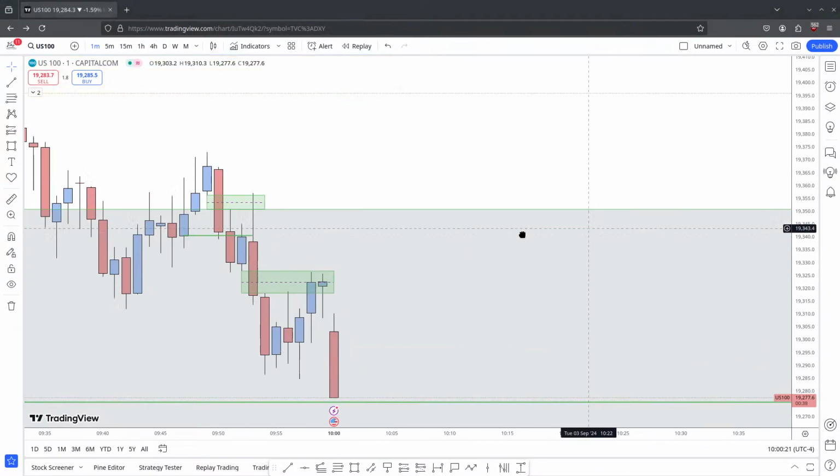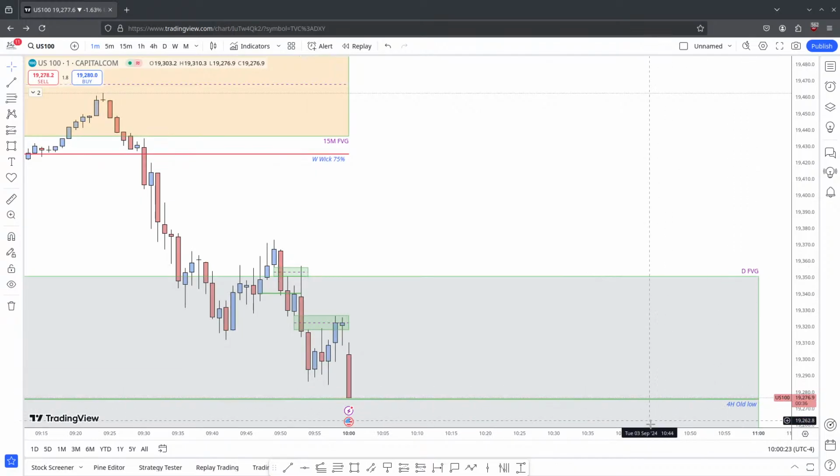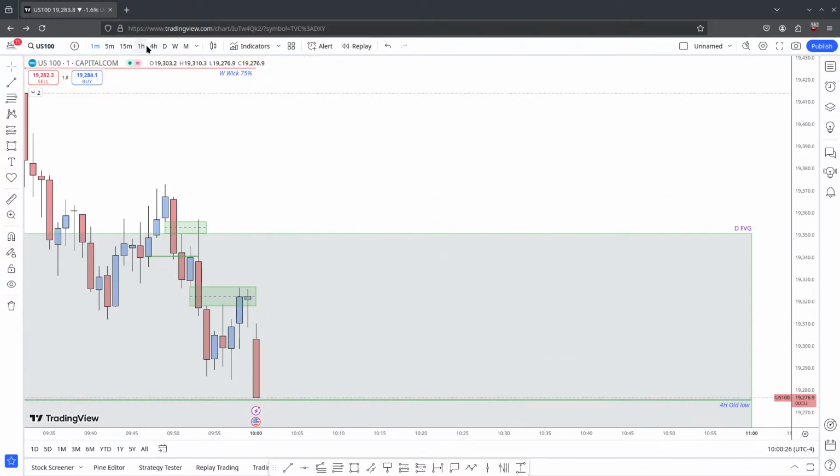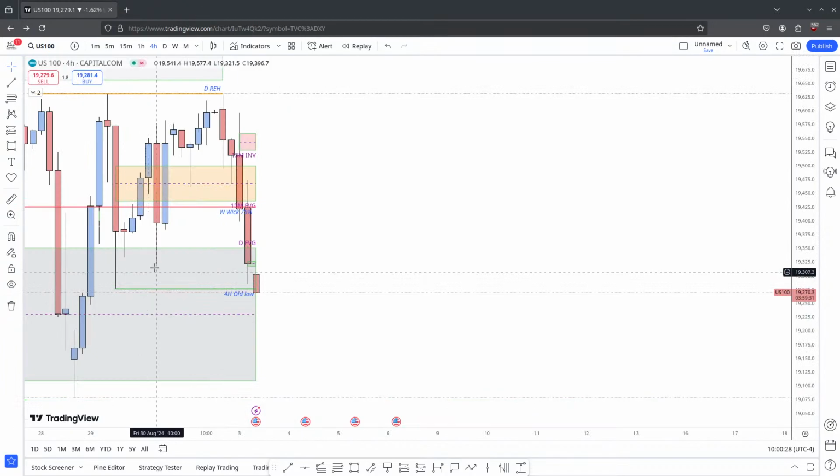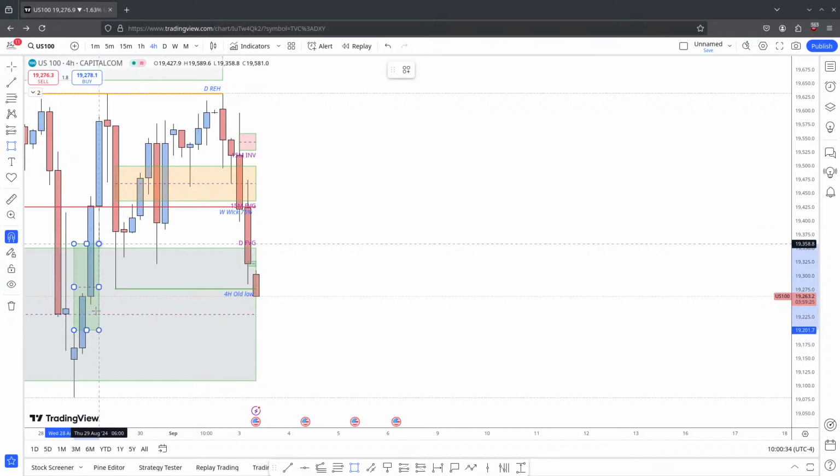So NQ is going to take this 4-hour old low, which by the way is the second low. So it's probably drawing into this inefficiency down here.